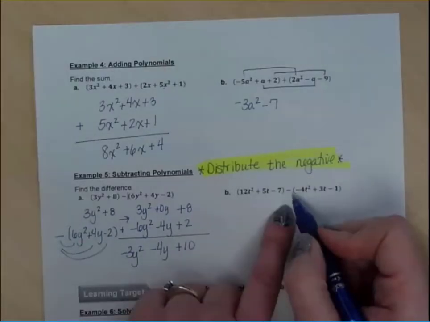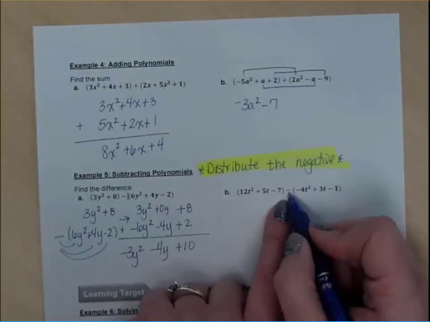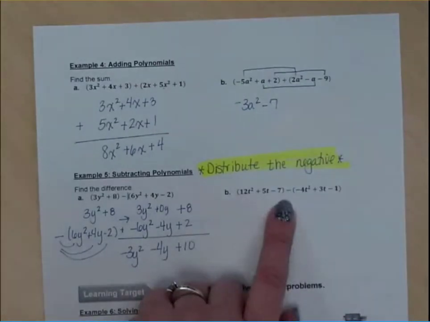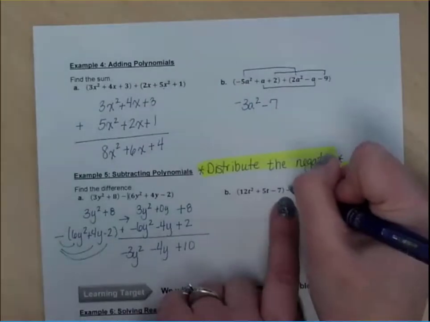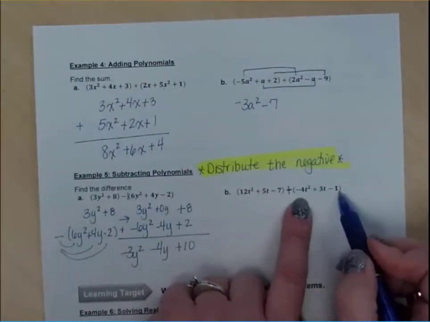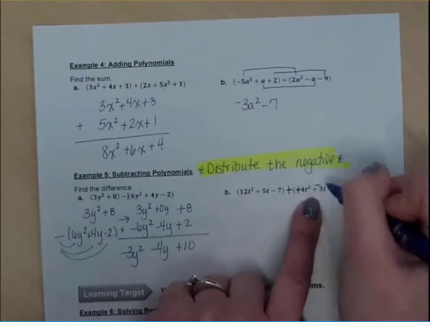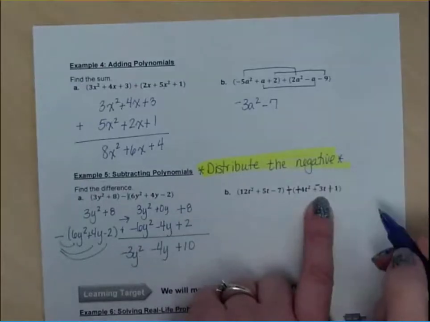Now, here we could do it ahead of time if we wanted to. Now remember, we're going to distribute the negative or add the opposite. So instead of subtract, I'm going to add, but I need to carry this through distributing this negative. So now I have positive 4, negative 3t, and a positive 1.